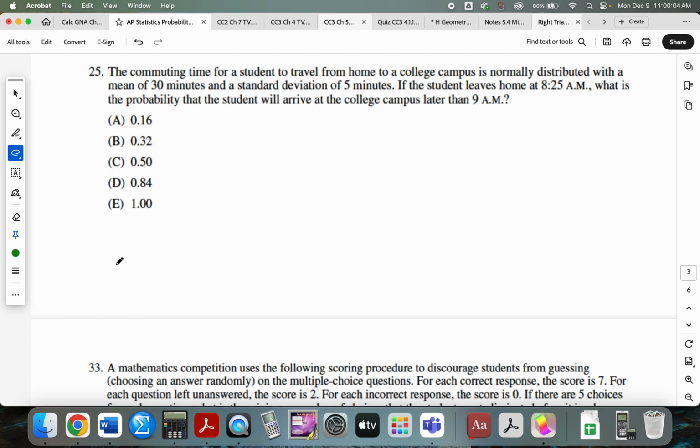Isn't that what we're finding? Am I doing the wrong thing? We're doing a normal. You're not in a normal if it's asking you for the probability of success. Oh, I was in binomial. Yeah. It goes to whatever the last thing you did, so you have to back up. I'm on the normal model, and I put in the mean and standard deviation, but I don't know how I'm supposed to use the 9 a.m. at 8:25 in here.